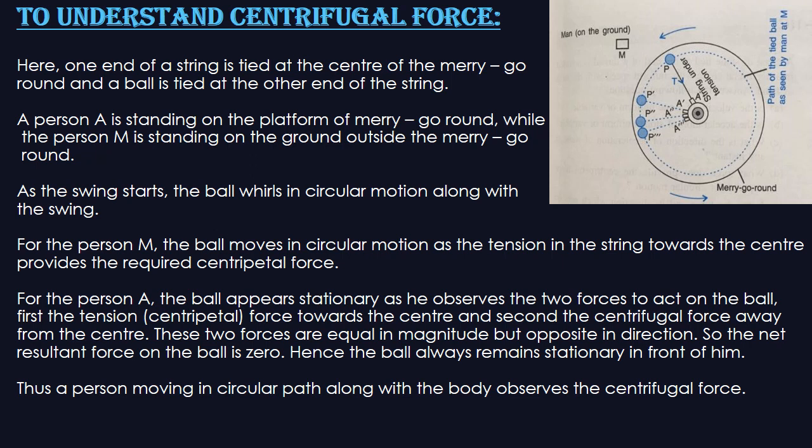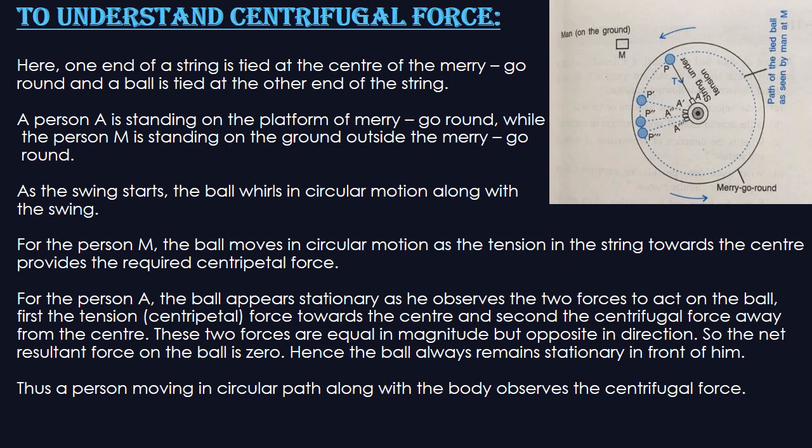But for the person A, the ball appears stationary in front of him. He observes two forces acting on the ball: first is the tension, that is the centripetal force towards the center, and second is centrifugal force away from the center.